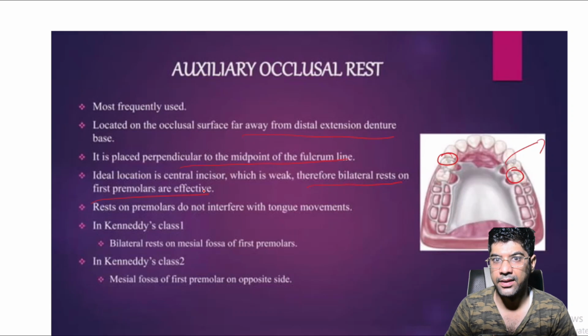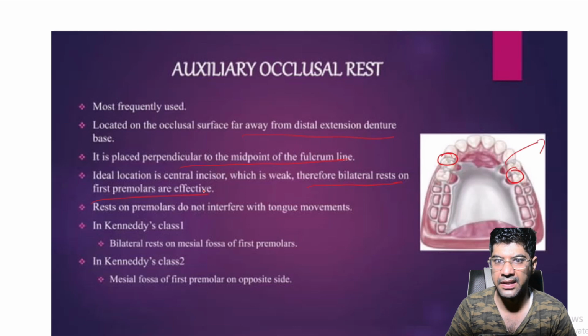So why is the auxiliary occlusal rest often placed on the first premolar rather than the incisors? Auxiliary occlusal rests are placed on the first premolar because these teeth have a broader, more stable surface as compared to the incisors. We know incisors are single rooted and do not provide adequate support for the rest.